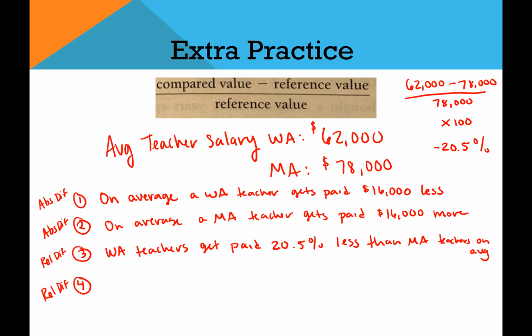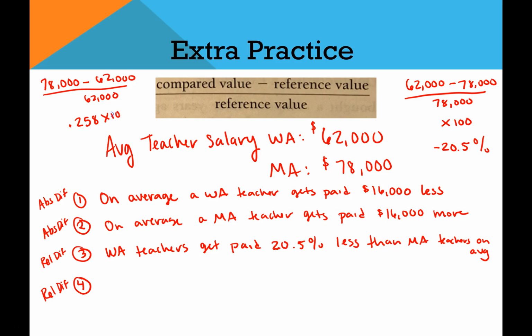Okay. Now, if I do this in the other direction, if I go 78,000 minus 62,000 all over 62,000, remember you got to repeat that second value right here. I'm going to end up with a positive number. Let me get that answer for you now, and you could try it too if you want. I get 0.258.